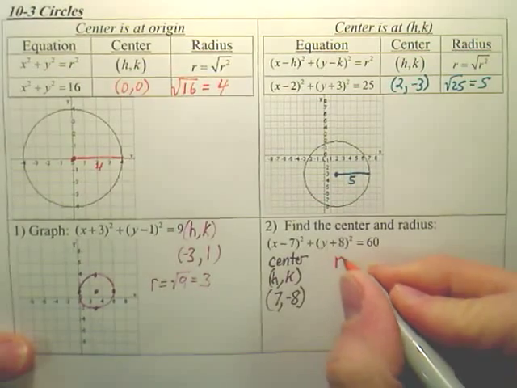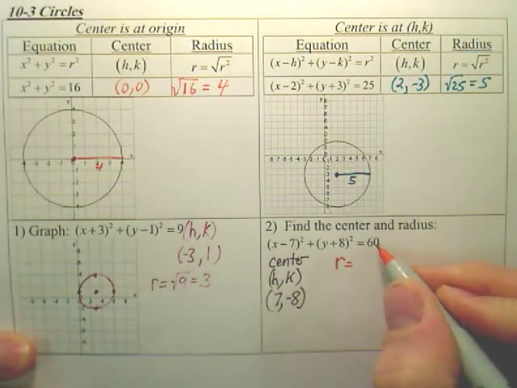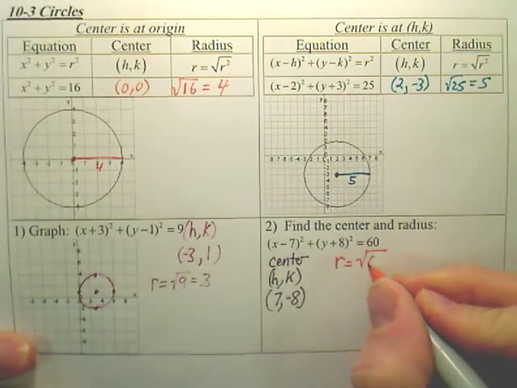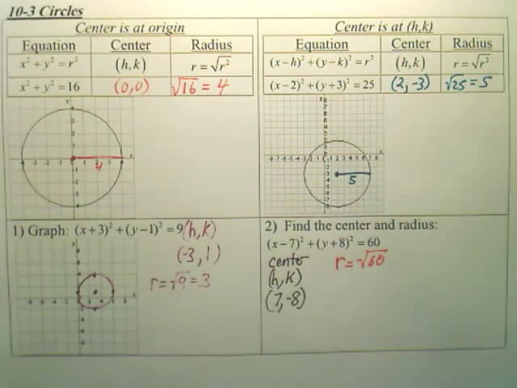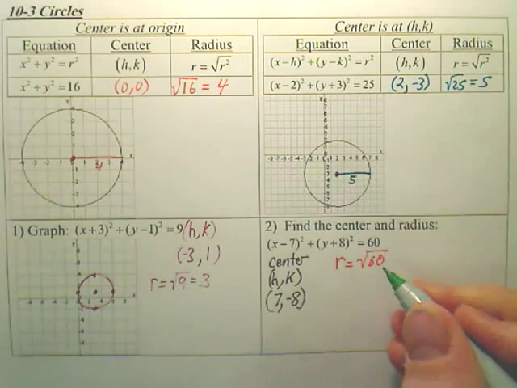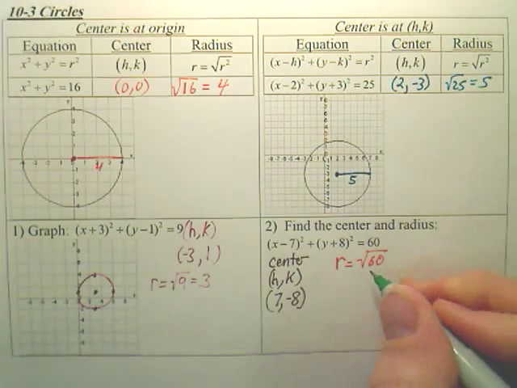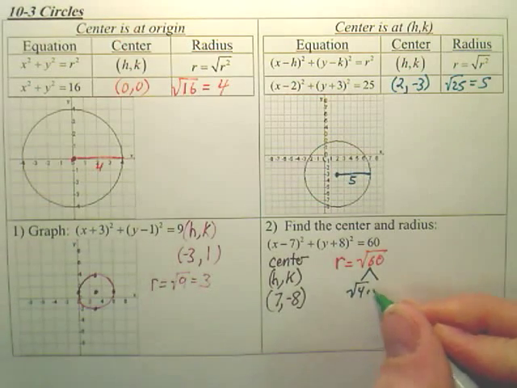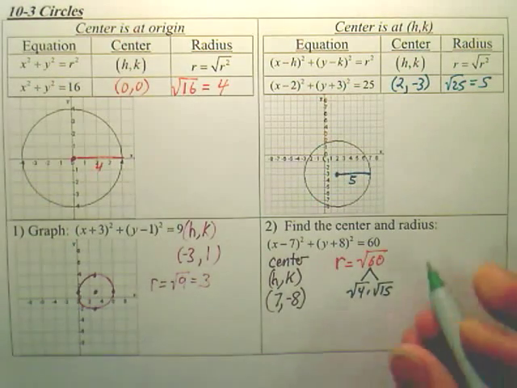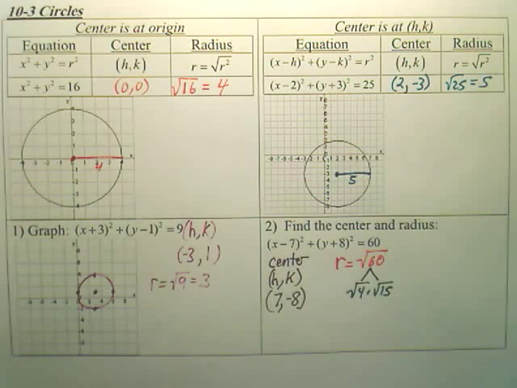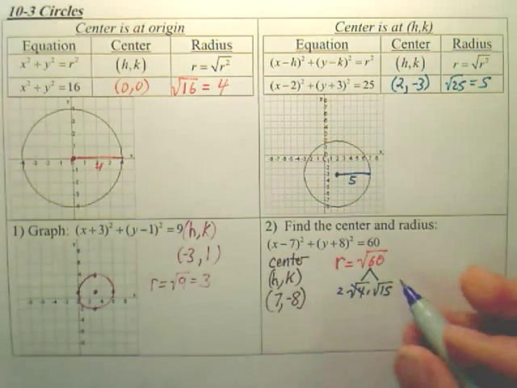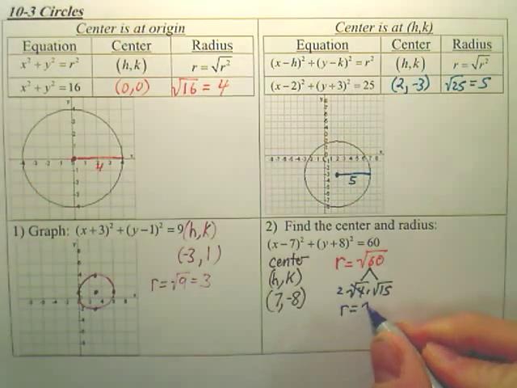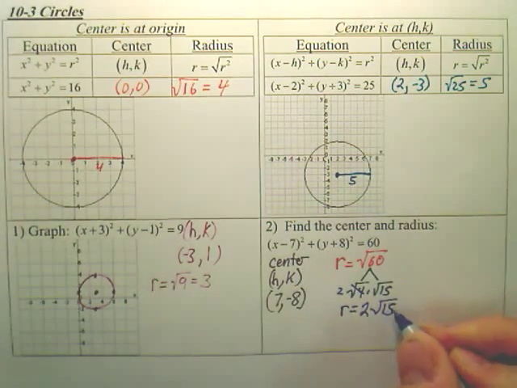How do you find your radius? Your radius is simply always going to be this number, and you square root it. So the square root of 60. That's it, because it doesn't break down nicely. But what we could do is realize that's the square root of 4 times the square root of 15. And then you could notice that the square root of 4 is 2. So your radius could also be written as 2 square root 15.